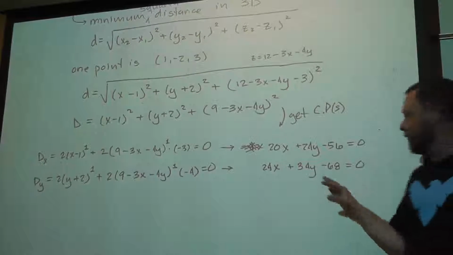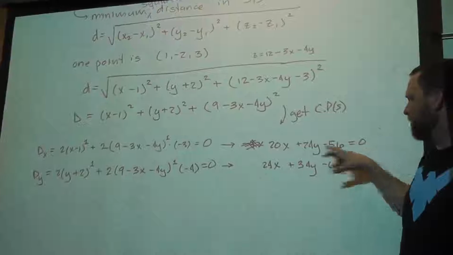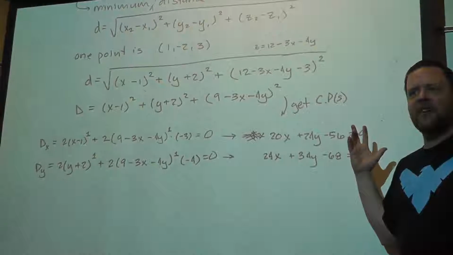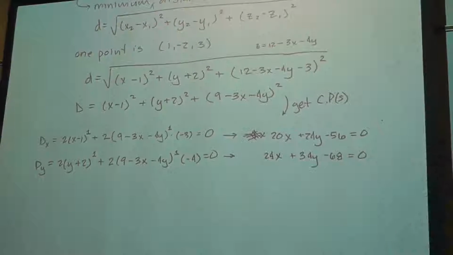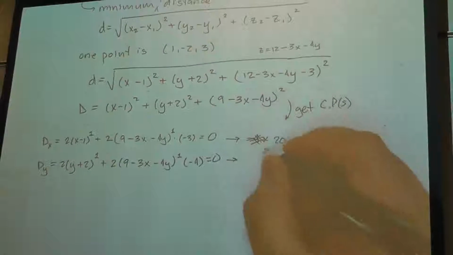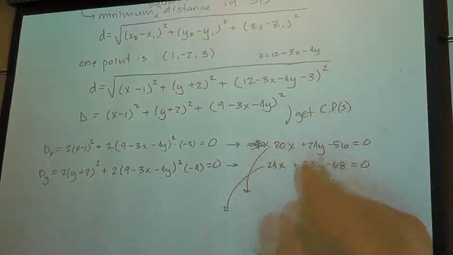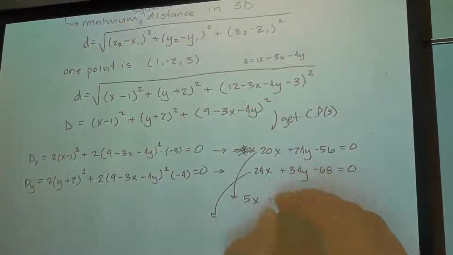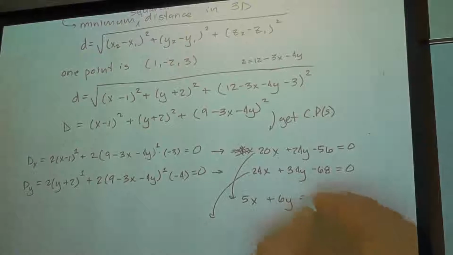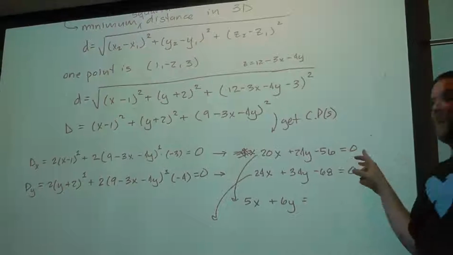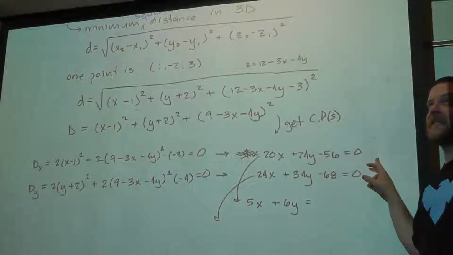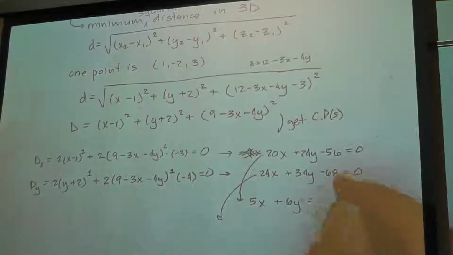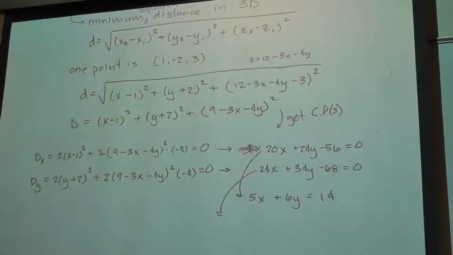What you can do is, first off, make that first equation simpler. If you bring the 56 over, you can divide both sides by 4 and make the coefficients a little bit neater. If I divide both sides by 4, that becomes 5x plus 6y. If I take the 56 over and make it positive 56, 56 divided by 4 is 14.